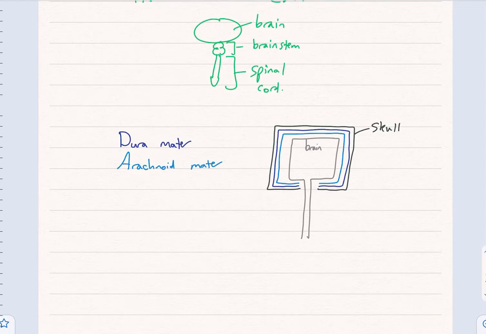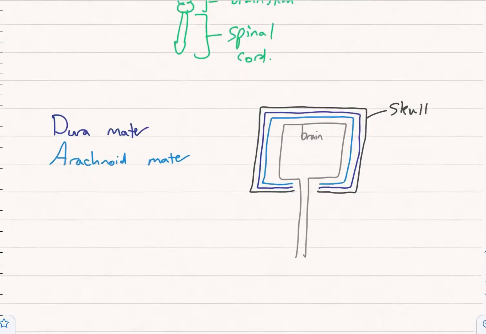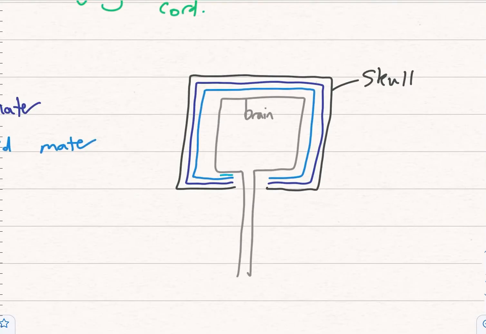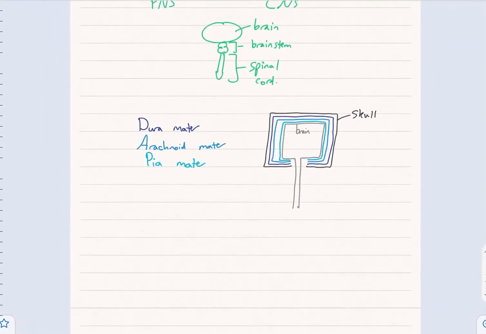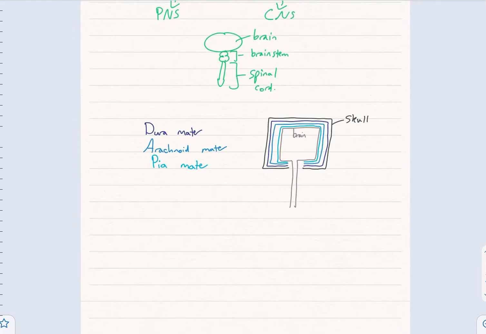Arachnoid meaning spider, because it looks a bit like a spider. And then we have our final one, pia mater. This is very close to the brain, so it's very difficult to separate the pia mater off the brain. And each of these are the meninges.